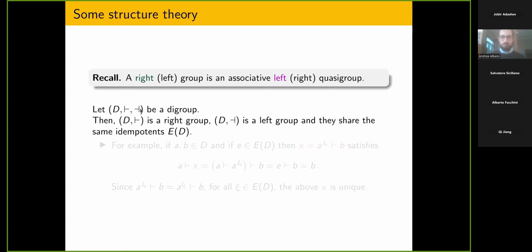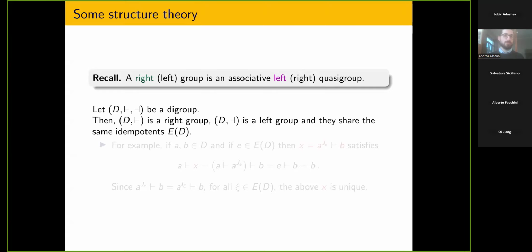What can be proven is that if we start from a digroup, D with left bar and right bar, then D with left bar is a right group, D with right bar is a left group, I'm sorry, that share the same idempotents. What I'm calling here idempotents is basically the halo of the digroup.